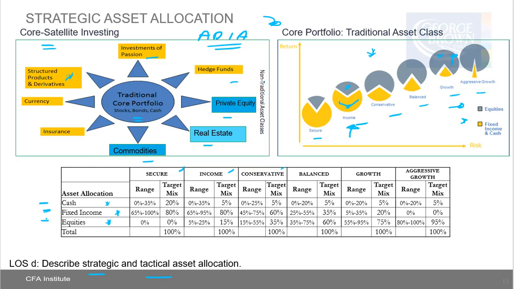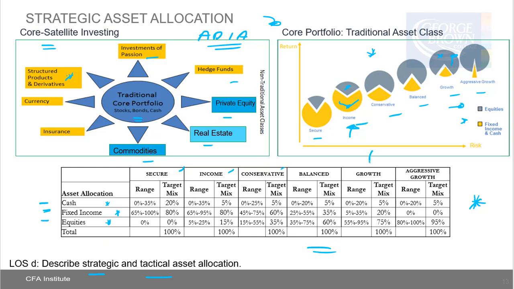If you thought that in the short term equities were going to outperform fixed income investments, you would increase your investments within that range, okay? So this is typically something that you might see with regards to a portfolio, or even included in an investment policy statement.